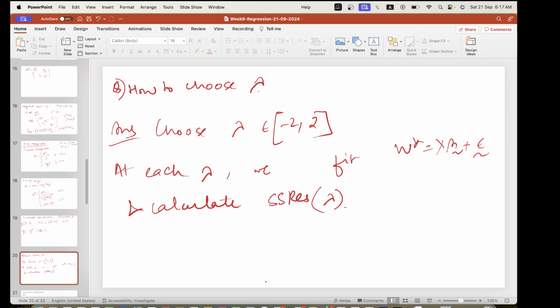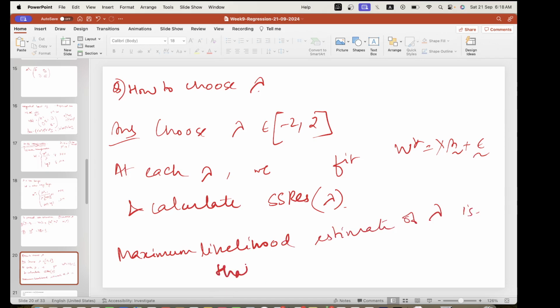The maximum likelihood estimate of lambda is that lambda where SS residual is minimum. So this is the approach that we consider in order to estimate the value of lambda.